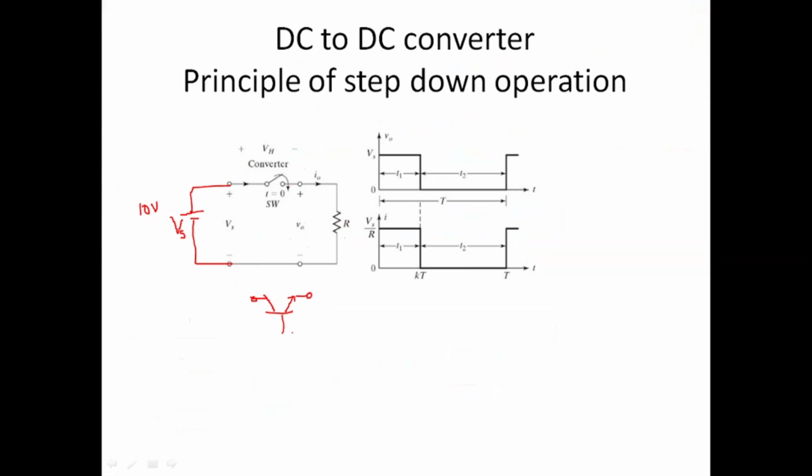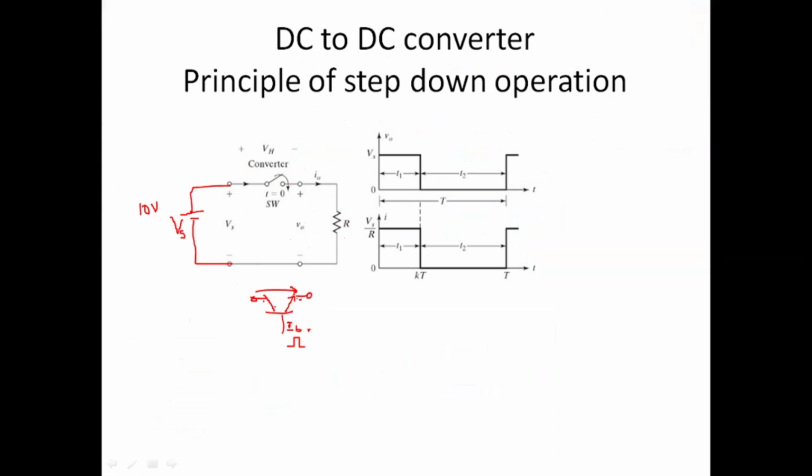We need to apply some voltage to this control terminal to turn on this transistor, so that current can flow from one end to another. In a transistor, IB is the control. If you apply IB, the collector and emitter are connected. If IB is 0, the collector and emitter are not connected, so current cannot pass from collector to emitter.